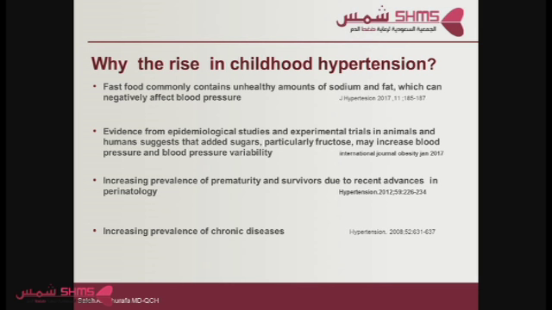Evidence from epidemiological studies and experimental trials in animals and humans suggests that added sugars, particularly fructose, may increase blood pressure and blood pressure variability if you do ambulatory blood pressure monitoring. Increased survival of premature infants due to recent advances in perinatology leads to an increase in the prevalence of hypertension, unfortunately.